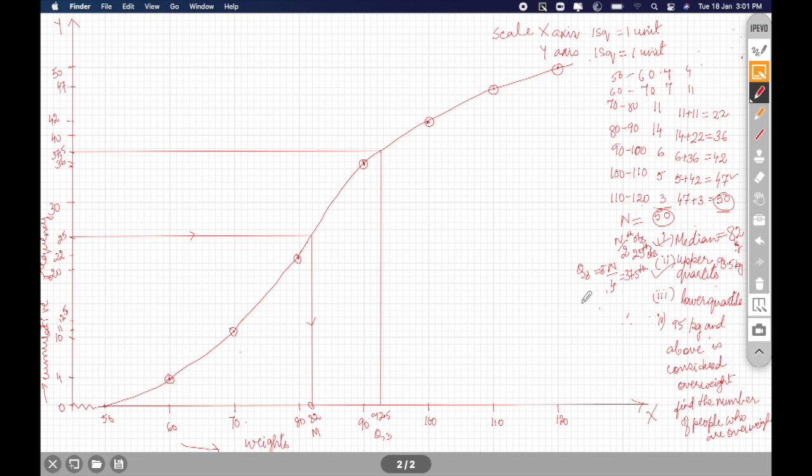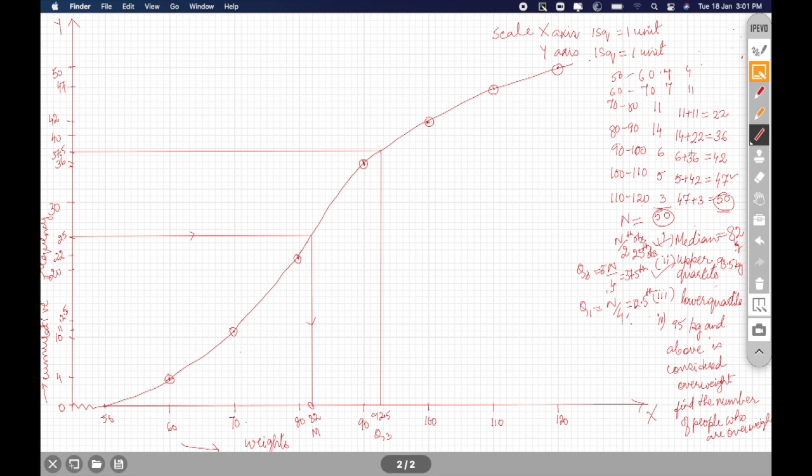Next, let us find the lower quartile, Q1. Q1 is simply the n by 4th observation, and this is equal to the 12.5th observation. So now 12.5 is here, right? We can see this point here.